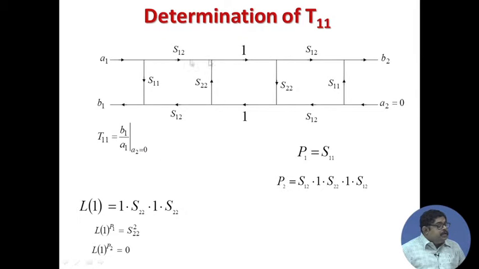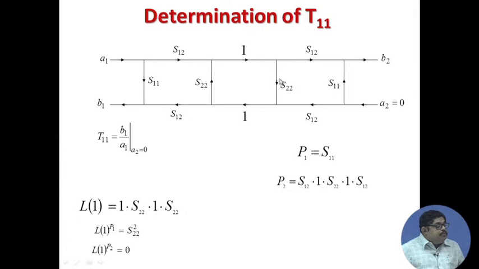Is there any other path? Can I come like this? But there is no way of coming. Can I come like this? That we have already done, but this one we cannot come. So, there are only two paths for coming from this side to this side. Now, is there any loop? You see, this is not a loop because I cannot come here.